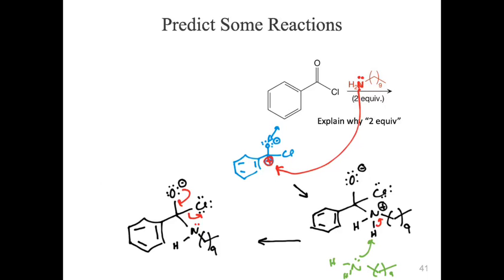That's going to happen. If that happens, that destroys the nucleophilic characteristic. So I need two equivalents. One equivalent so that it can do the nucleophilic addition and attack the carbonyl. The second equivalent needs to be a base to deprotonate the intermediates. That's why we need two equivalents.